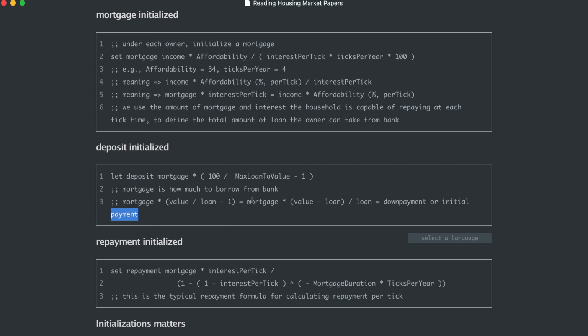We borrow some money from the bank, which is the mortgage, but the mortgage may not be enough to pay for the house, right? If it is not enough, then the remaining part of the money has to be paid by the buyer himself. So how much is that?